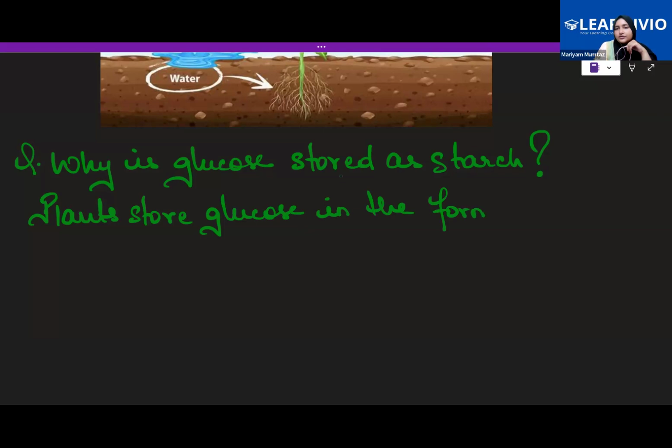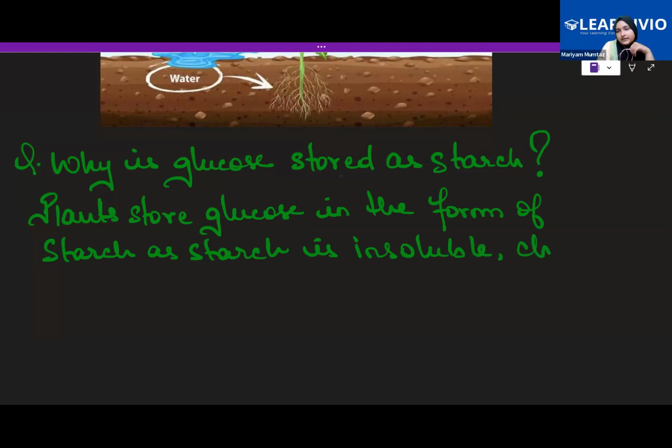So the plants store the glucose in the form of starch, as starch is insoluble. It is chemically stable and unreactive.